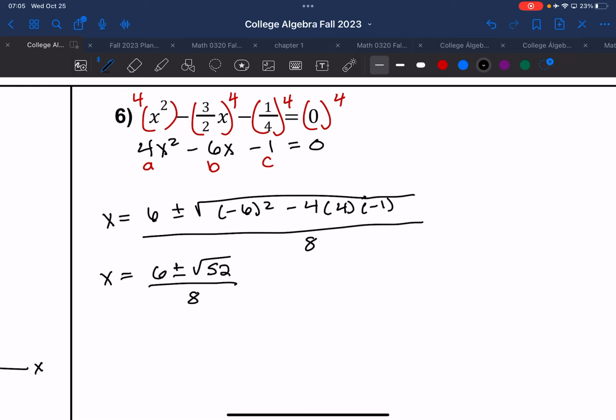So now that we have this part, we can separate this into our two possible answers. So x is equal to 6 plus the square root of 52 over 8, and x is equal to 6 minus the square root of 52 over 8.